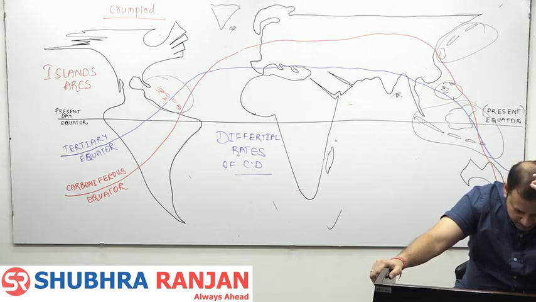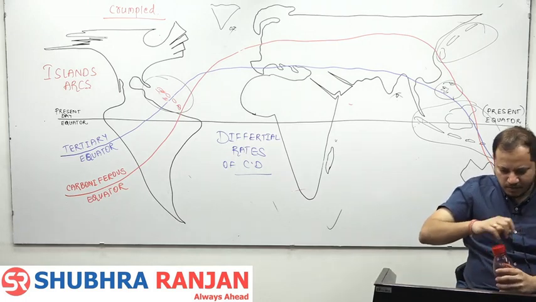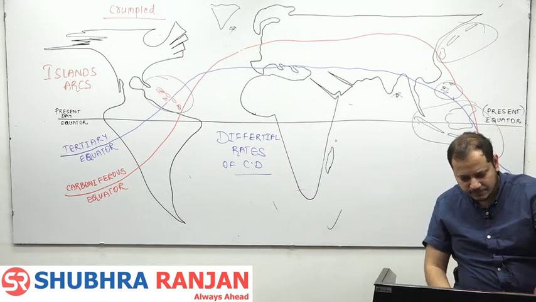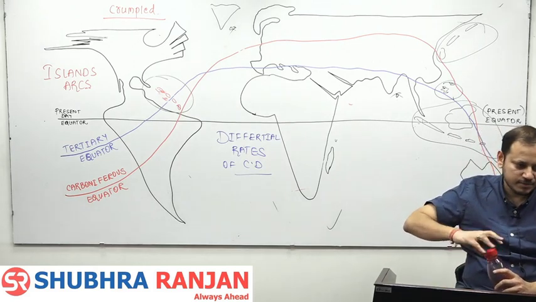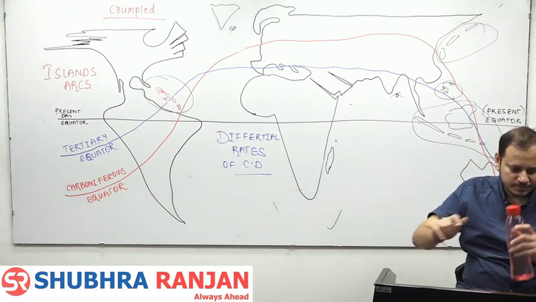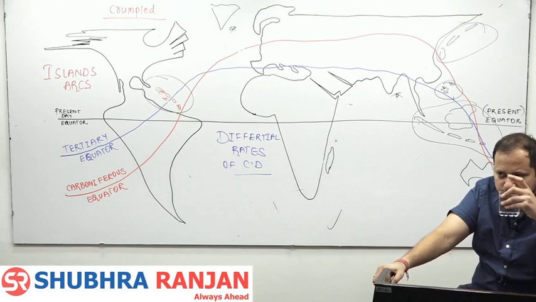But later on his theory says that mountains are formed due to resistance of Sial over Sima.